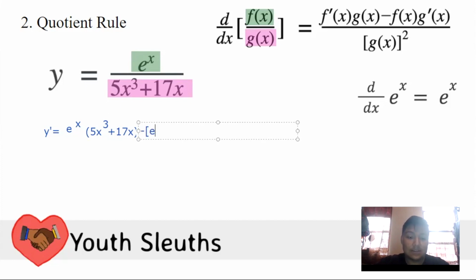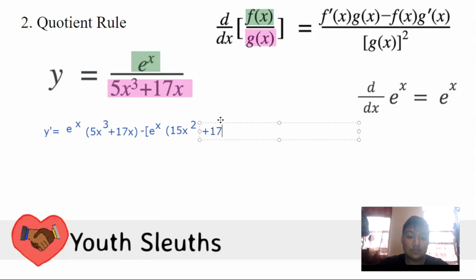So this time, e to the x stays the same. And then we multiply that by the derivative of g of x, which in this case would be 15x squared plus 17.